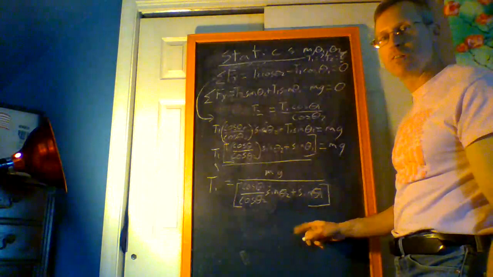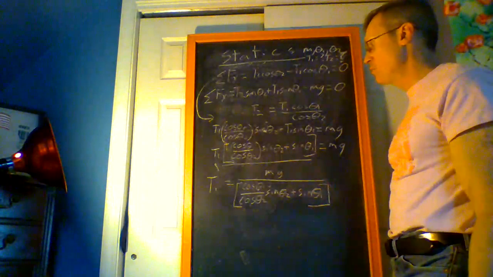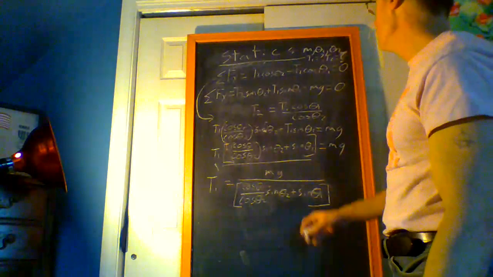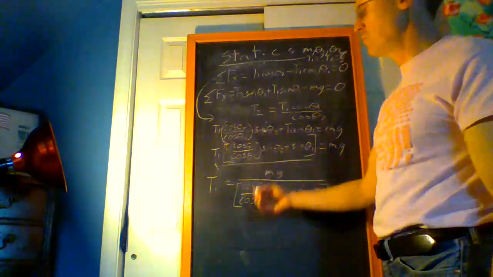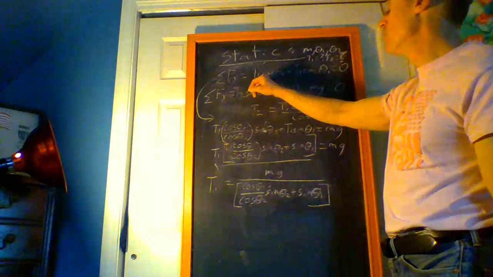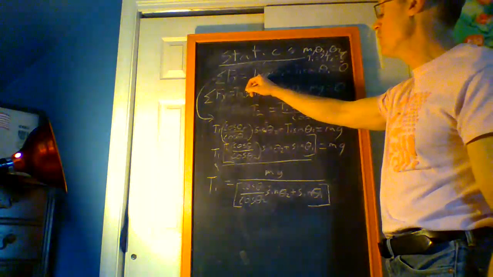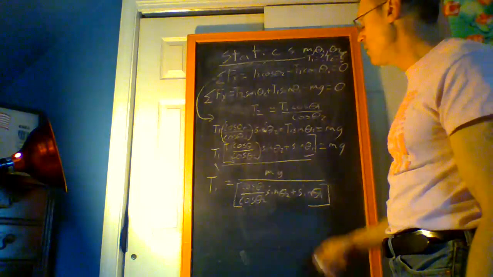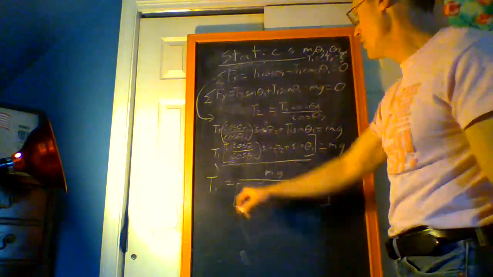At this point I can find what T1 is. Great, because once I have T1, whatever number that is, then it's relatively simple to find T2. I would go to the first equation in the x direction and solve for T2 once I know what T1 is.